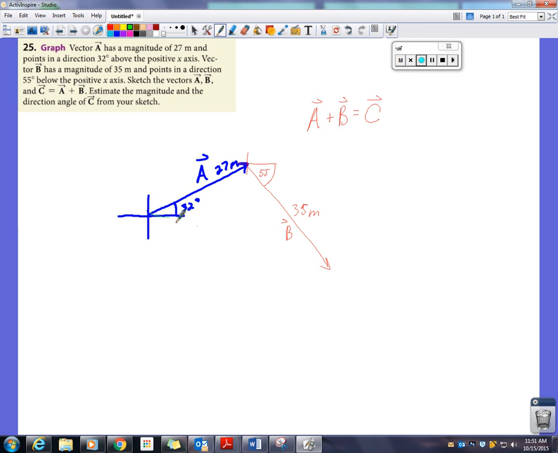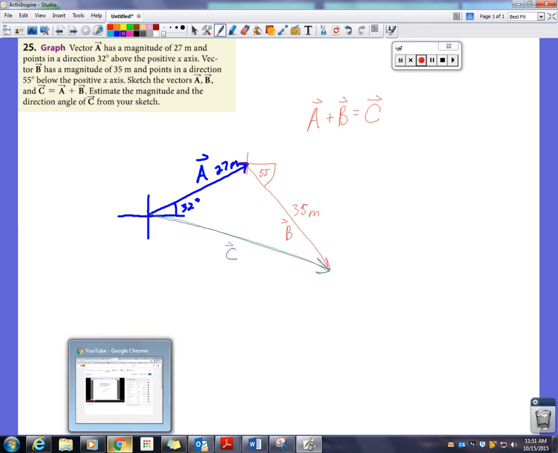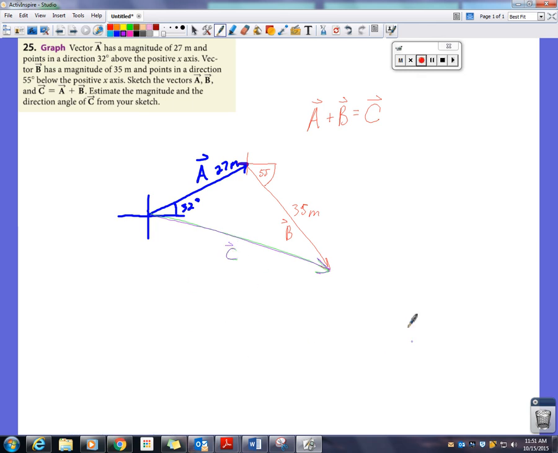The resultant is drawn from the tail of the first to the head of the last. So there is our vector C. Let's try a little bit darker color, purple maybe. So there's vector C. That's our resultant, and that's what we want to find the magnitude and the direction of.